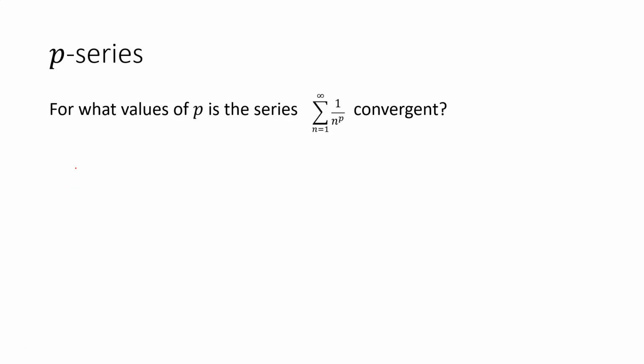Now in this case we can use the integral test, but we have to verify a couple things first. So before we do the integral test, let's think about the conditions that are required for the integral test. So here we'll let f of x equal 1 over x to the p, and we'll consider the case when p is positive first.